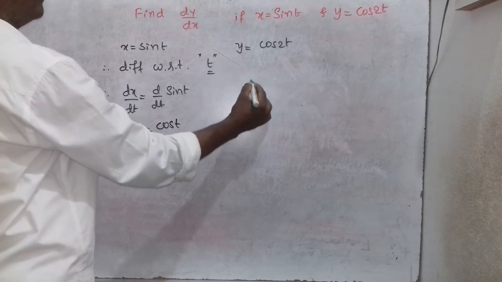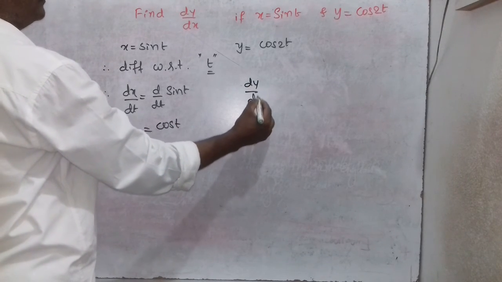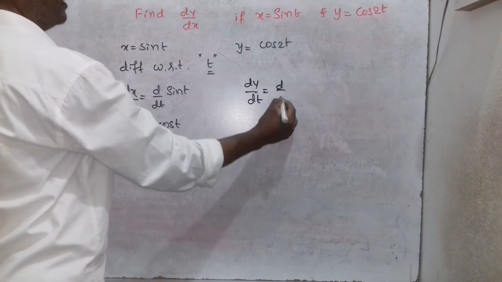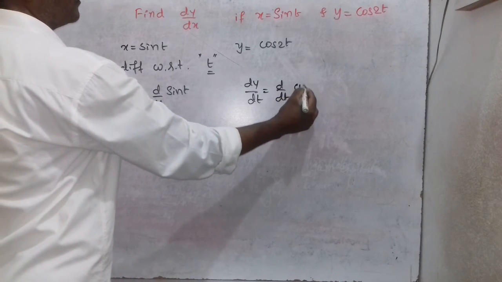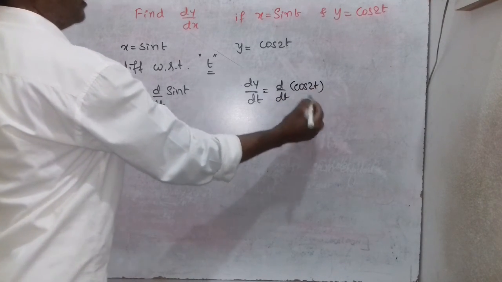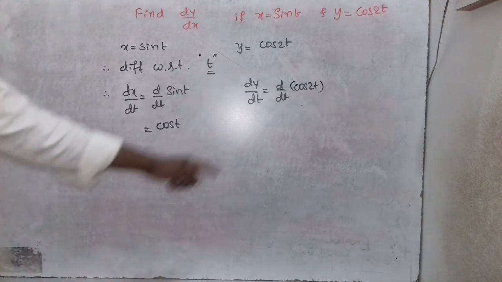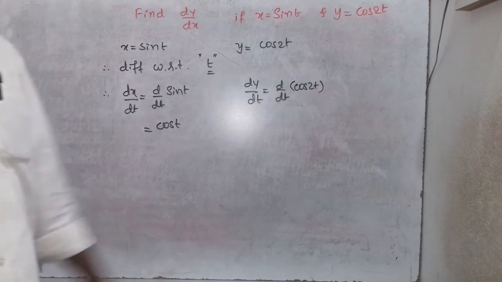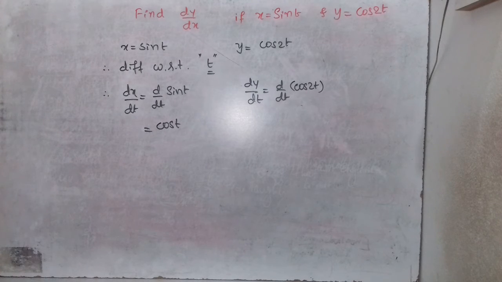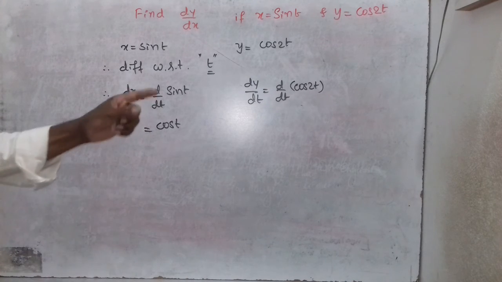Similarly here, dy upon dt is d by dt of cos 2t. Observe that cos 2t is a composite function, like cos f(x).